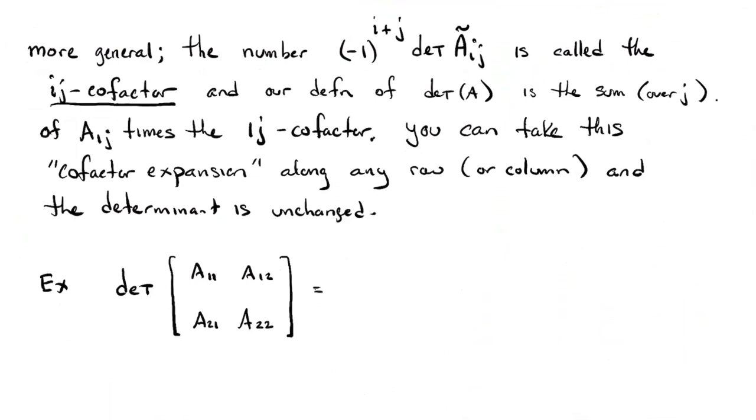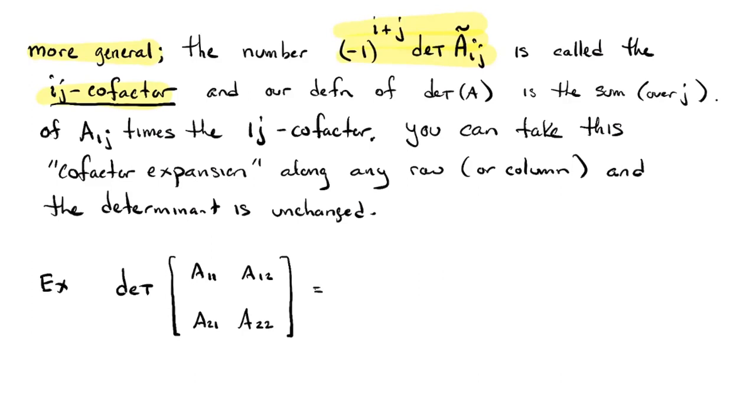Here's sort of a comment I want to make that's a little bit more general. What I was just doing was so-called expanding the determinant over the first row. You can actually use any row or any column. So let's give a name. If you take an ij entry in a matrix, let's call this number (-1)^(i+j) times the determinant of that resulting matrix, let's call that the ij cofactor.